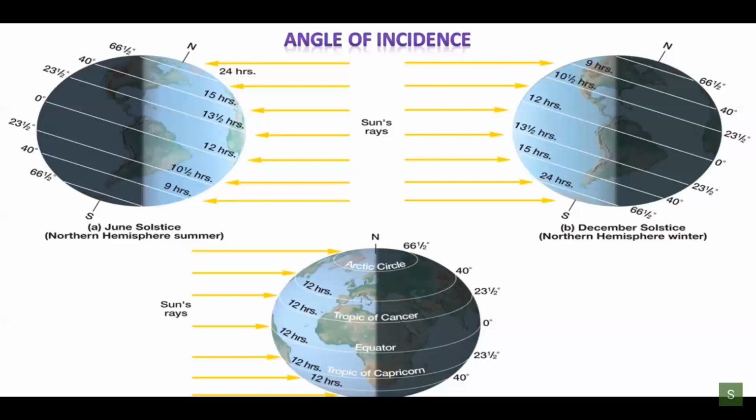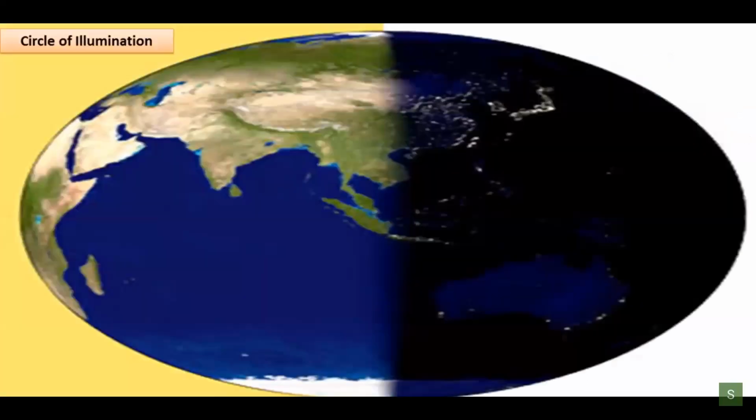Angle of incidence refers to the angle at which the sun rays strike the Earth's surface. The angle of incidence on the Earth's surface depends on the distance from the equator. The lighted part of the Earth is called the circle of illumination. This circle moves with the apparent movement of the sun, so that only half of the Earth faces the sun at any given point of time.